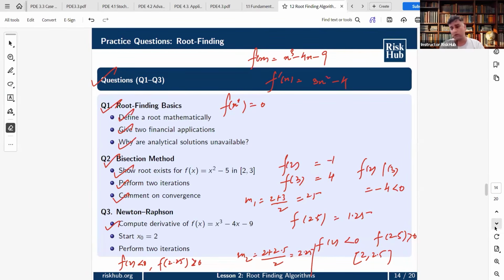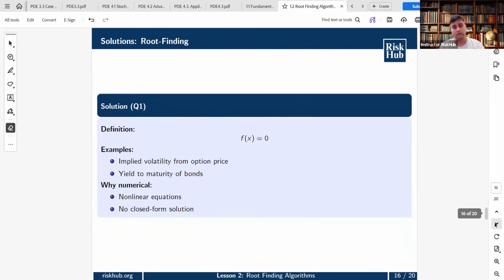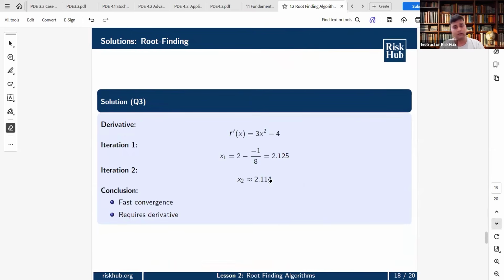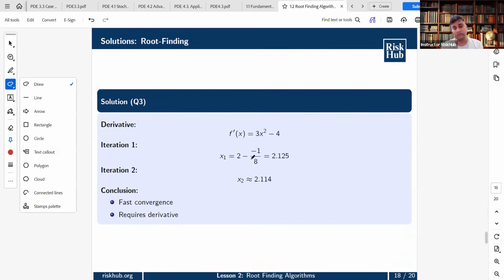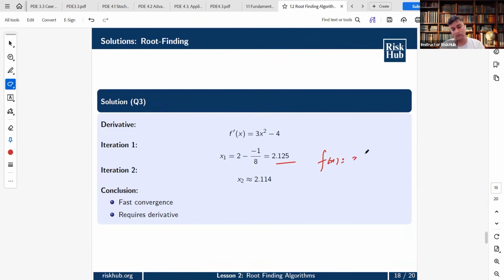Or we can see it right now. Here the x1 is shown as 2.125, but for f(x) equal to x cubed minus 4x minus 9, if you put f(2), it comes as minus 9, not minus 1.